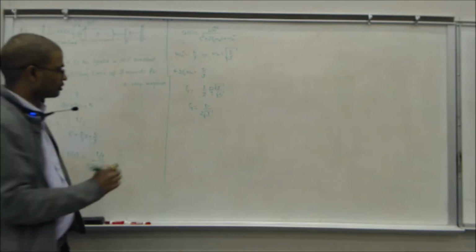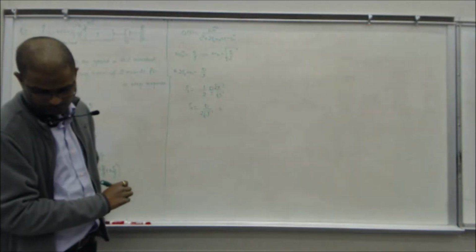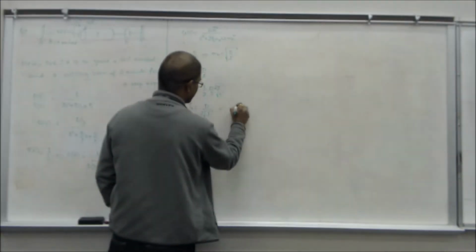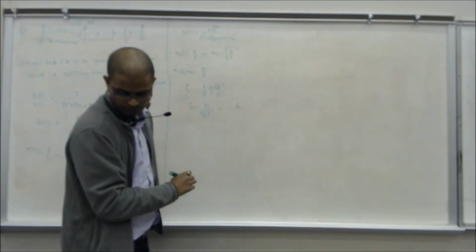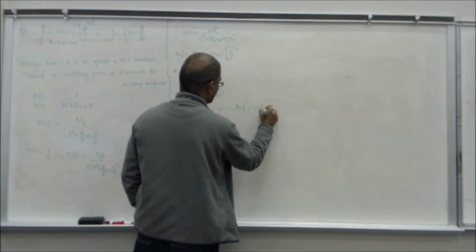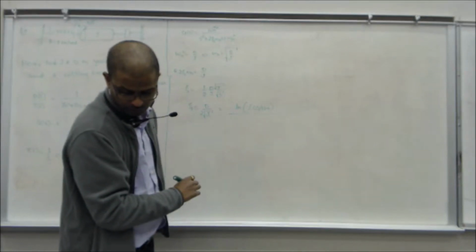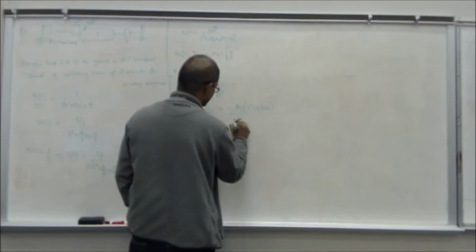So zeta is equal to minus natural log of percentage overshoot over 100, divided by the square root of pi square plus natural log squared of percentage overshoot over 100.